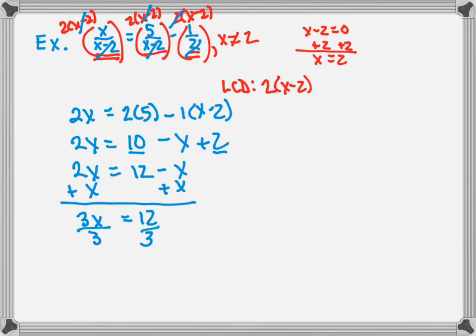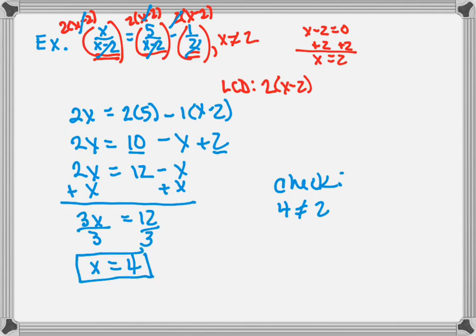Divide both sides by 3. x equals 4. So let's check. Does 4 equal our excluded value of 2? No. So x equals 4 is our solution. So if we did end up with a solution that equaled our excluded value, and we had no other options, then we would have no solution.